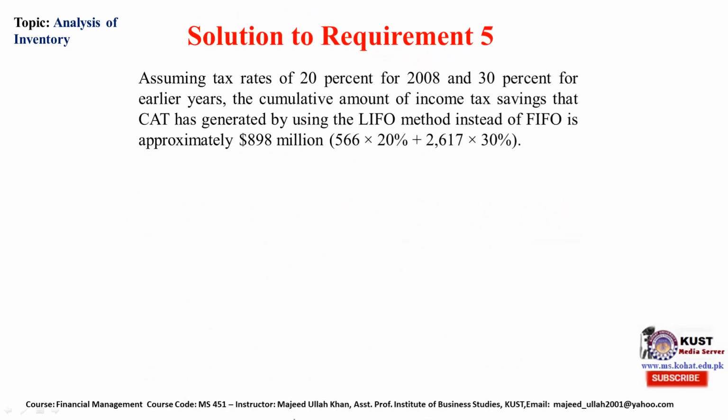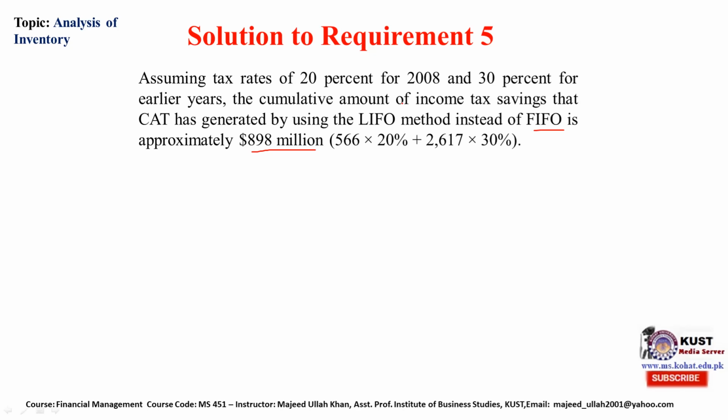Assuming a tax rate of 20% for 2008 and 30% for earlier years, the cumulative amount of income tax saving that Caterpillar generated using the LIFO method instead of the FIFO method is approximately 899 million.